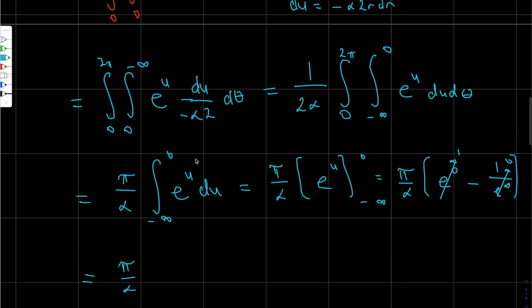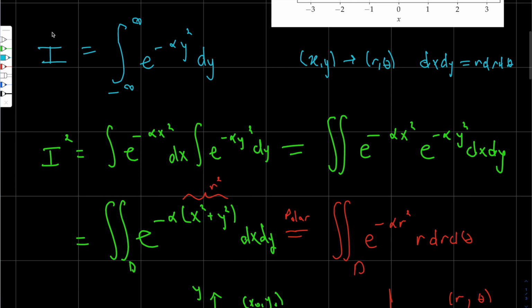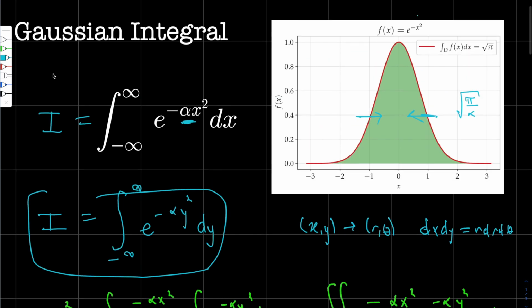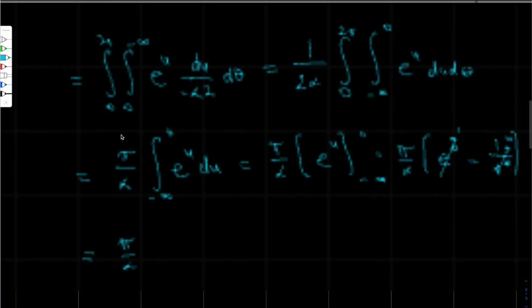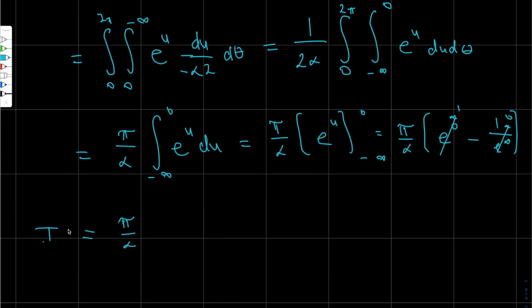Well, we said up here when we started way back here, we called this integral I, and we called this integral I, and then we said I squared. So this is now equal to I squared, because we multiplied I by I. So the solution now is this is I squared, which means the integral I is equal to the square root of pi over alpha, which was our initial guess.